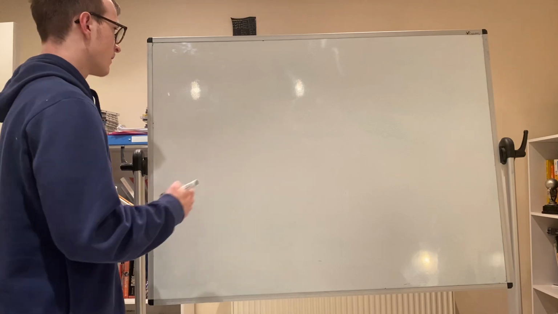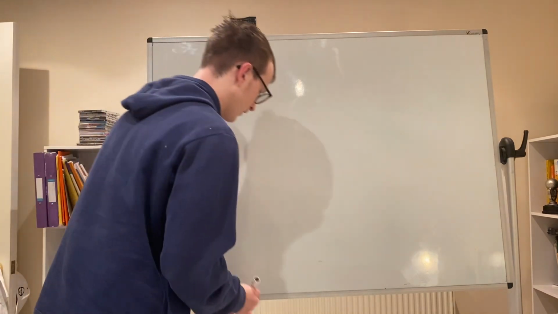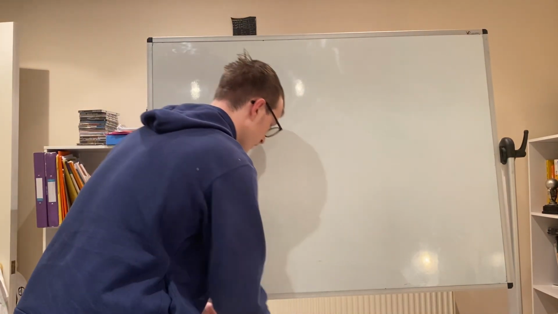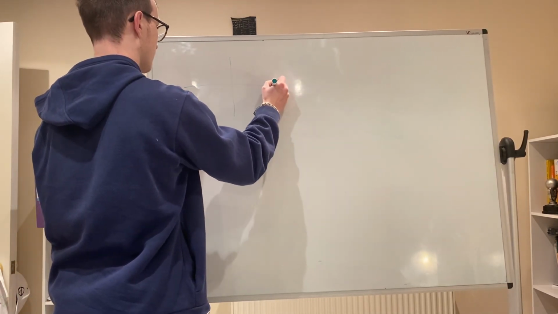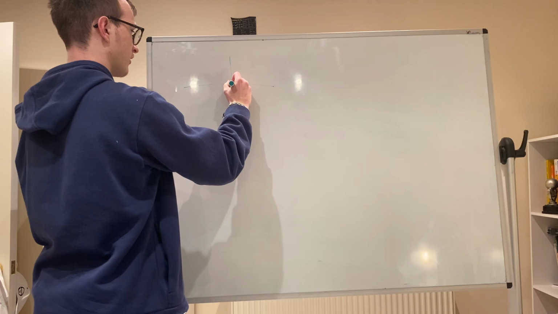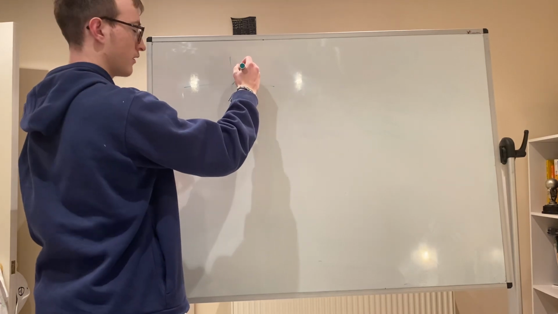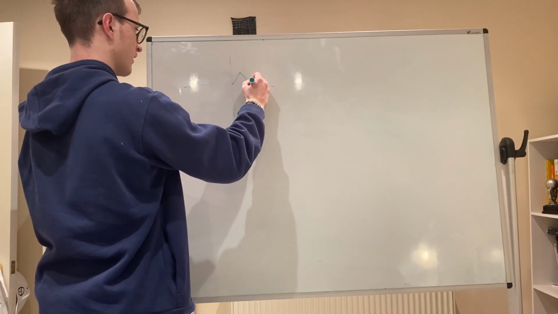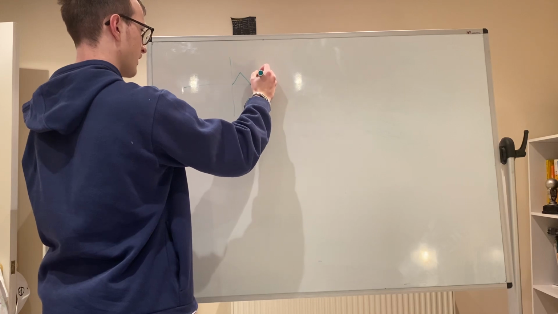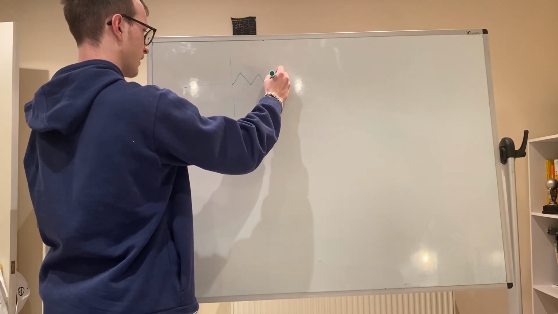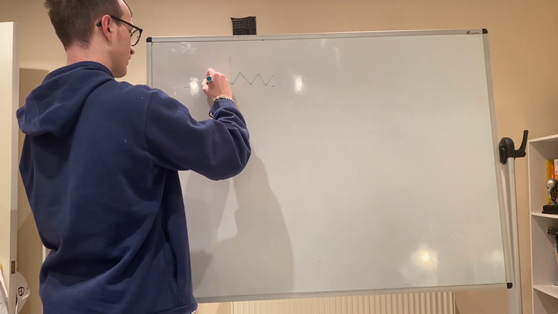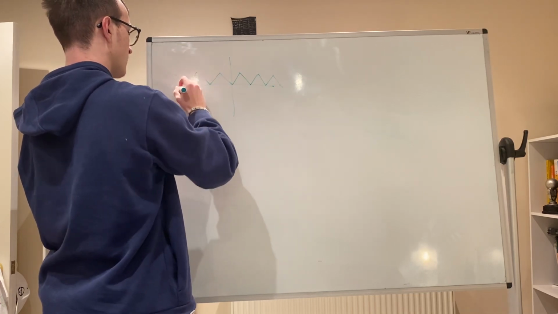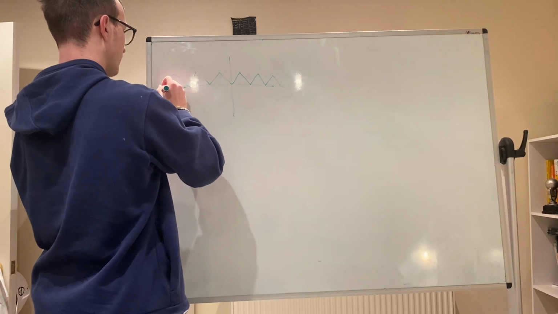So the function that we're going to be looking at to start with is the repeating ramp function. At 0 it's 0, then it goes up to pi, then down to 0 again, up to pi, down to 0, and so on, and on this side too.